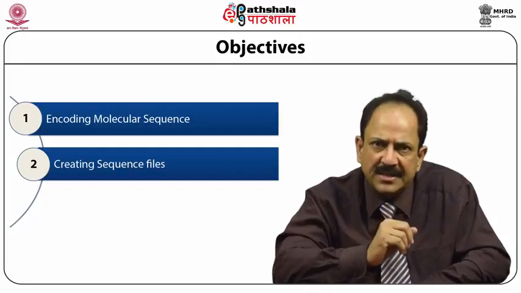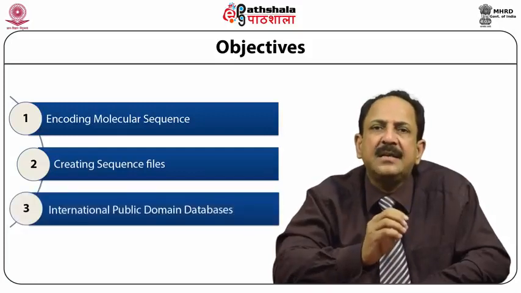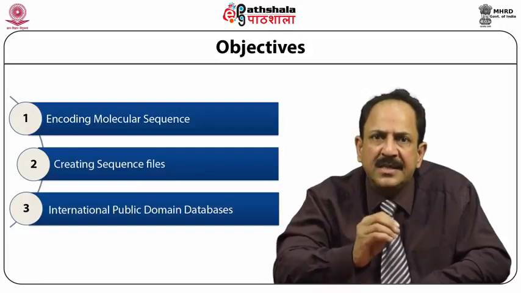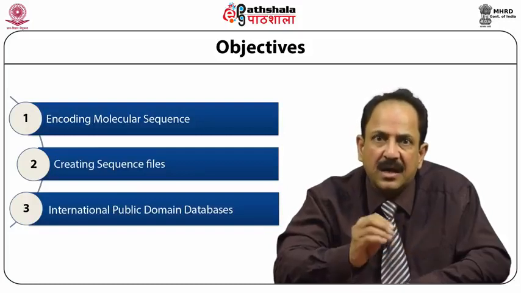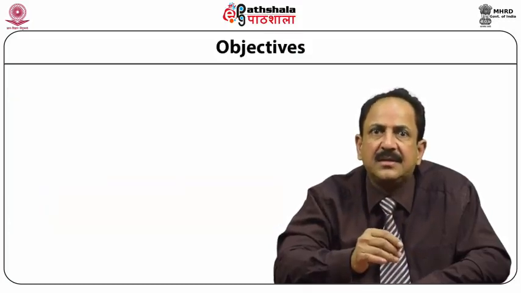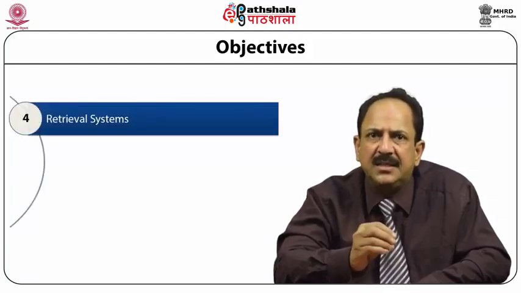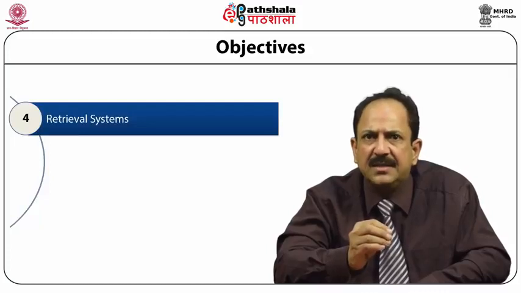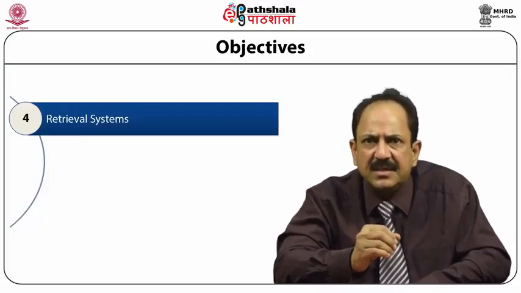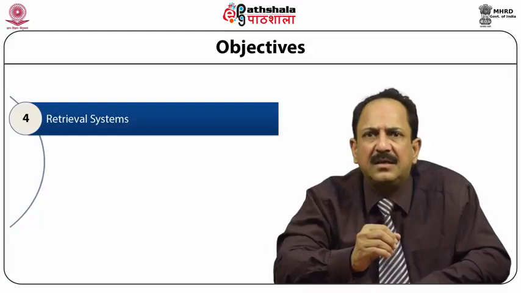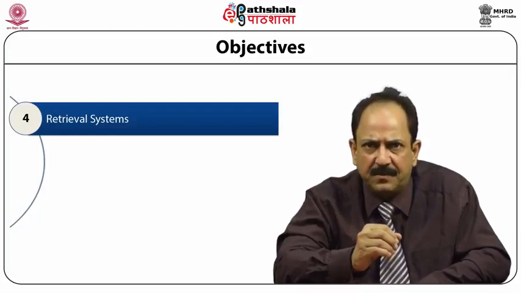You will have a look at various international public domain sequence databases, that is the archives, and the associated retrieval systems used by these sequence databases as gateways for supplying the database sequence information.